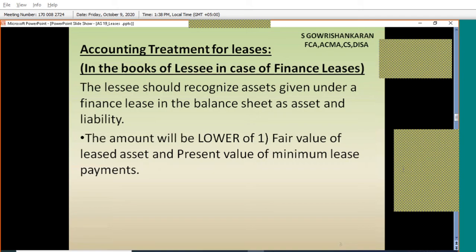How to arrive at the figure? The amount will be the lower of fair value of the leased asset and present value of MLP. That should be your liability, that should be your asset in the books of the lessee.